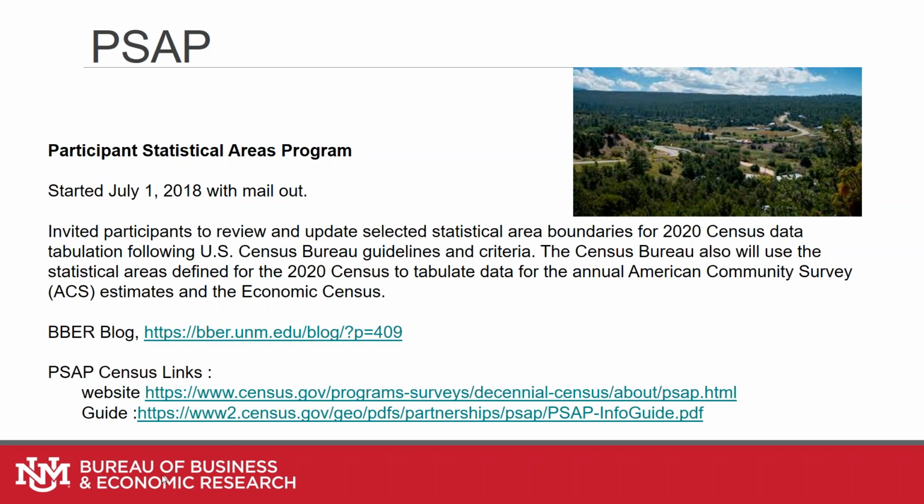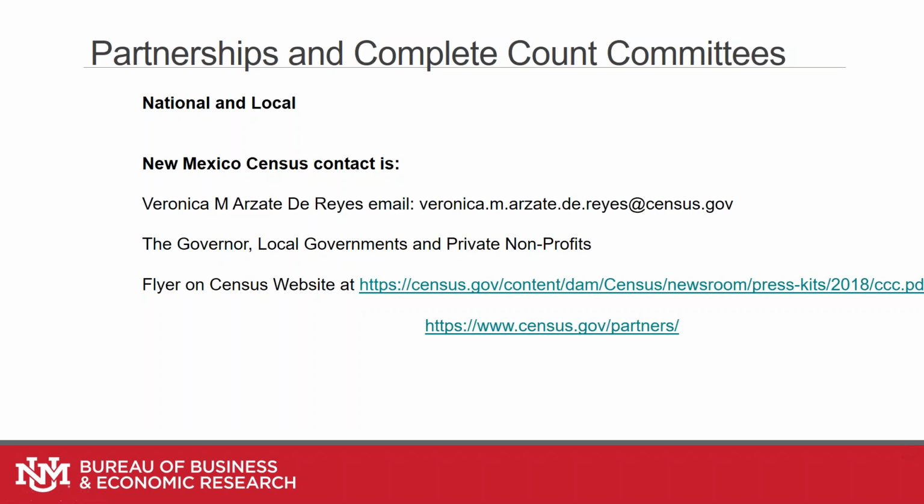At the national level, nonprofits and very large companies are partnering with the U.S. Census Bureau directly so that they can do outreach and encourage people to actually fill out and participate in the census. The other thing is that the partnership program helps local people form what's called complete count committees, both at the state level and then in cities and towns and statewide.